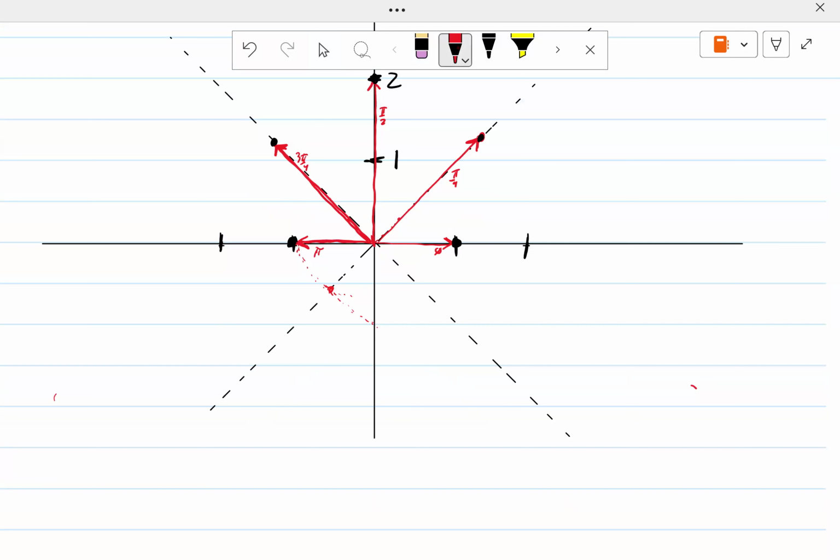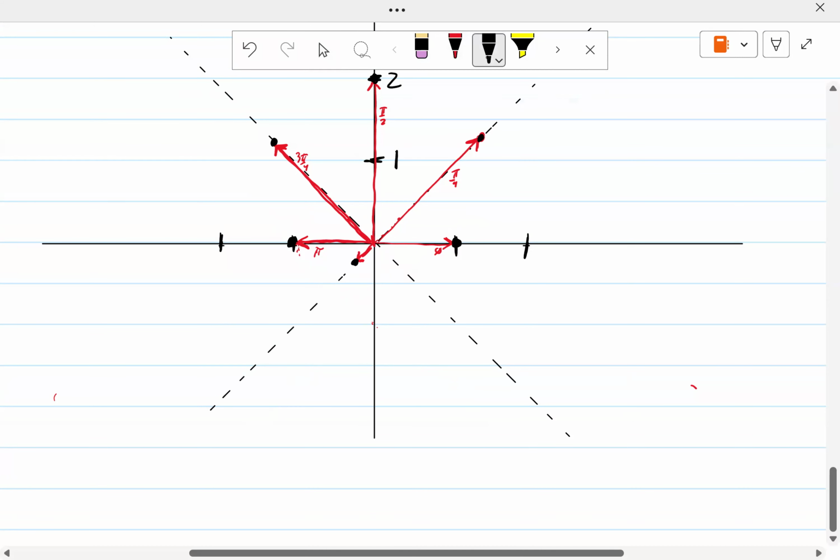So we would really want 1/3 of that. So 1/3 of that might be here. Pretty small. So it's 1/3 of that distance, and the point would go there. That's at 5 pi over 4.